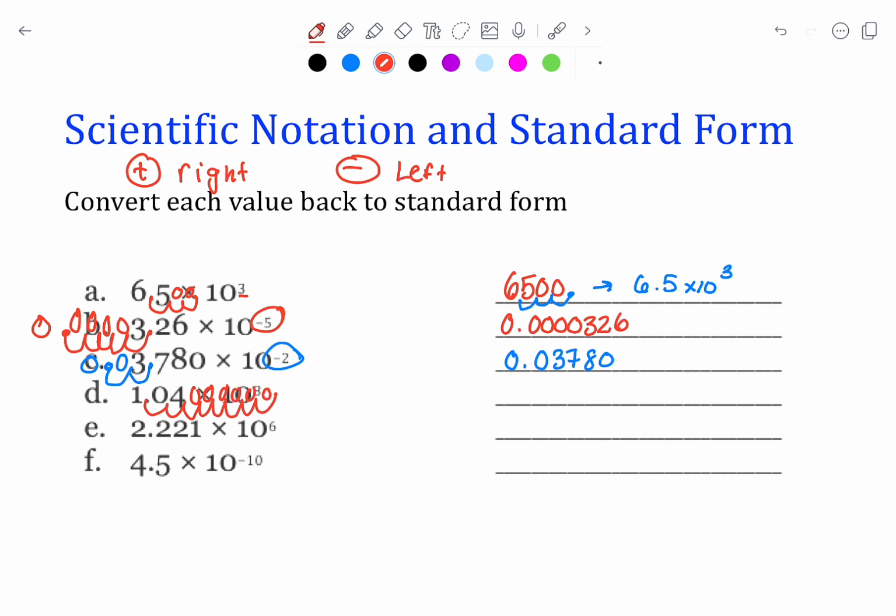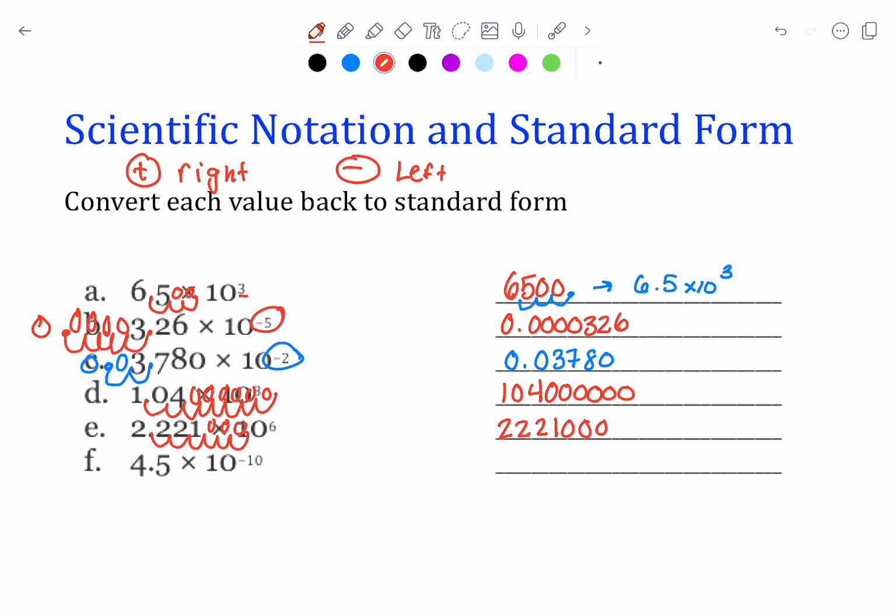Lots of zeros added on. 1, 0, 4. That's how many zeros? 6 zeros. 1, 2, 3, 4, 5, 6. Here we have a positive 6. So again, 1, 2, 3, 4, 5, 6. 1, 2, 3 extra zeros. You get 3 zeros after.